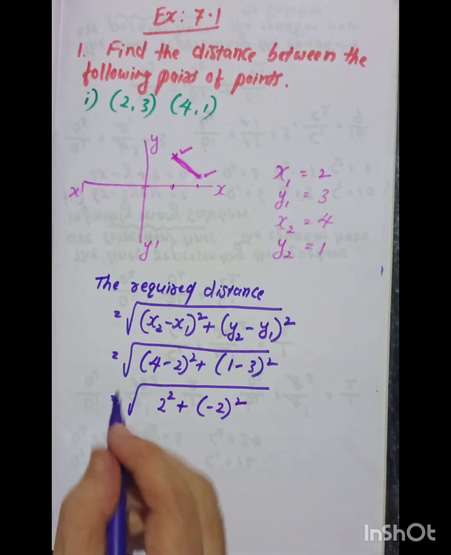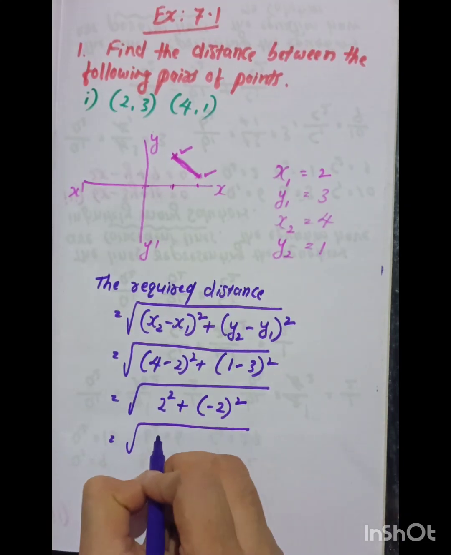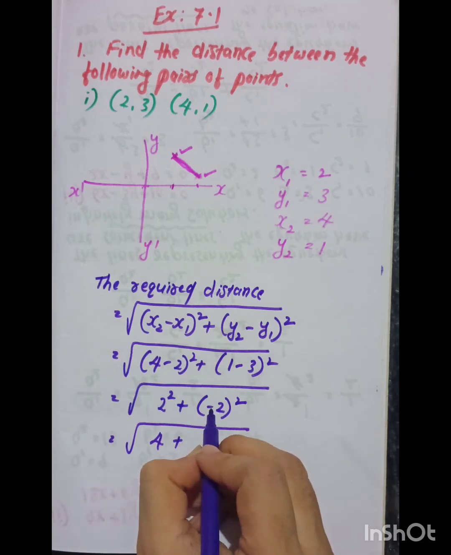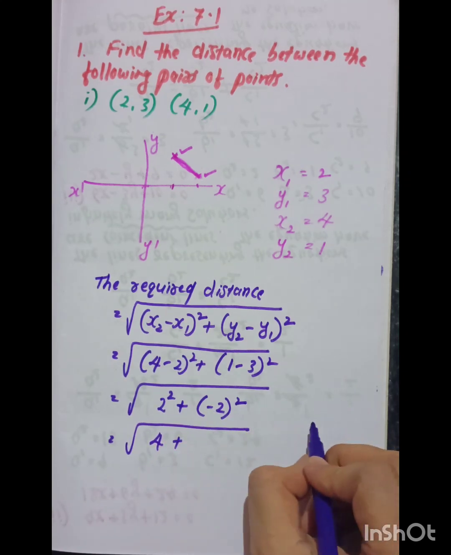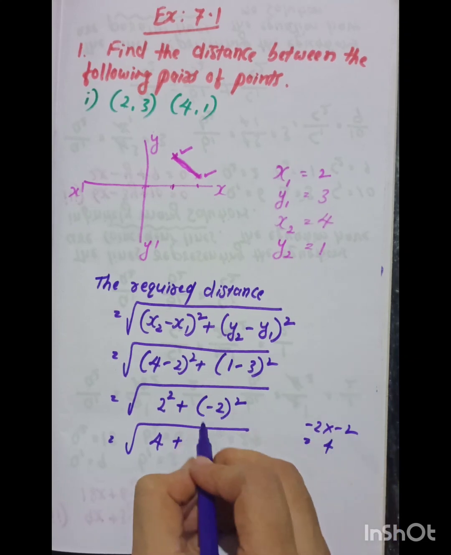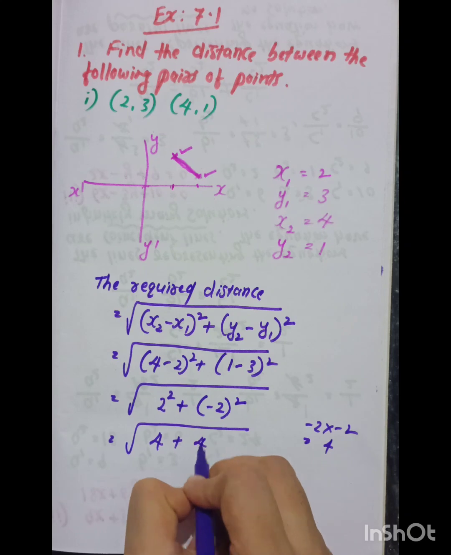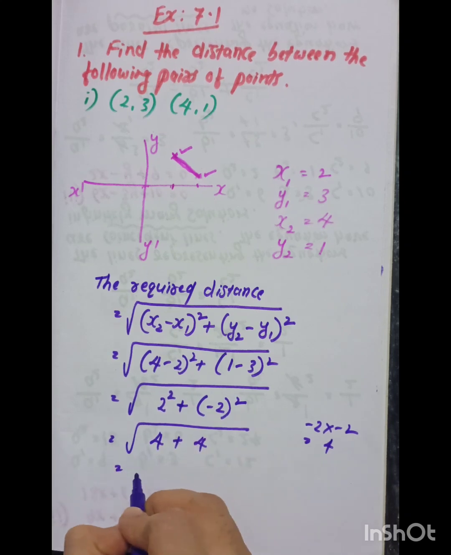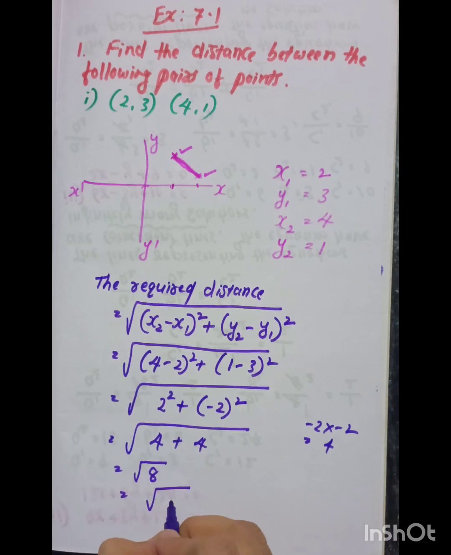After that, 2 square means 4, plus (minus 2) whole square: minus 2 into minus 2, minus into minus is plus, 2 to the 4. Just write 4 for that. Now 4 plus 4, root 8. You can write root 8 as root of 4 into 2. Now remove 4 out of the square root, it becomes 2. So your answer is 2 root 2 is the distance.